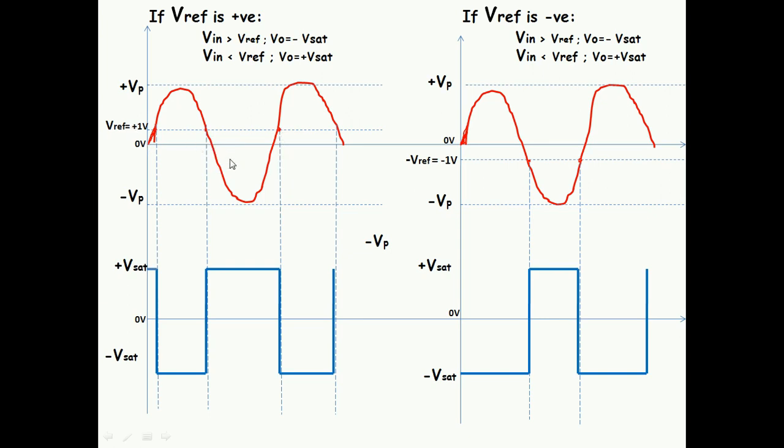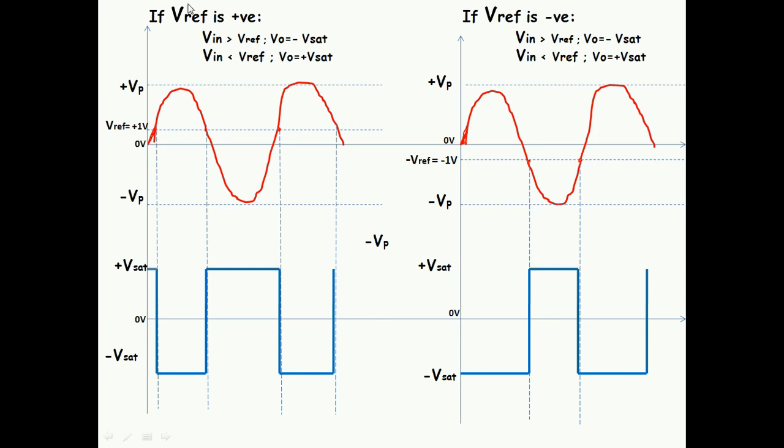Less than V reference in the sense that it is the inversion of this. The output voltage is plus V saturation, as here. It remains at the same level till this point. Again at this junction it switches, and so on it continues.